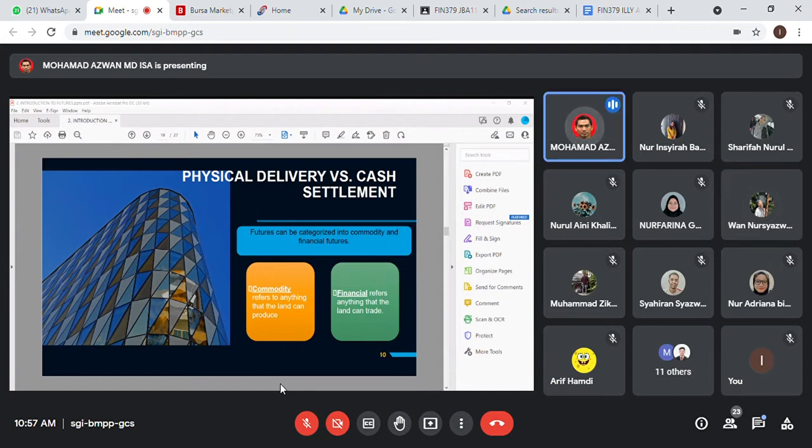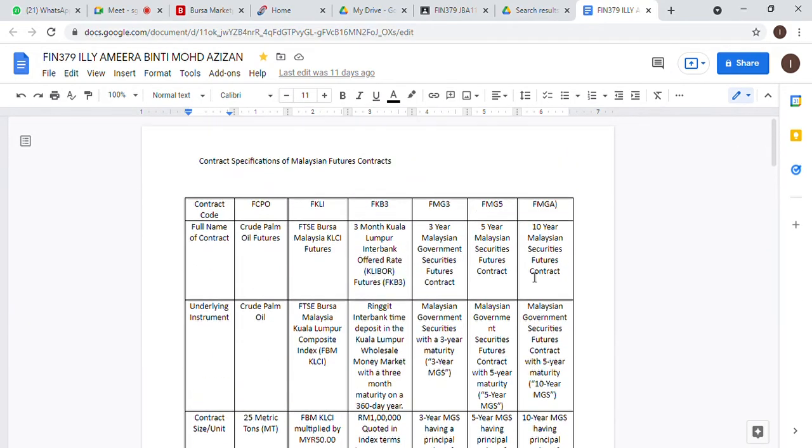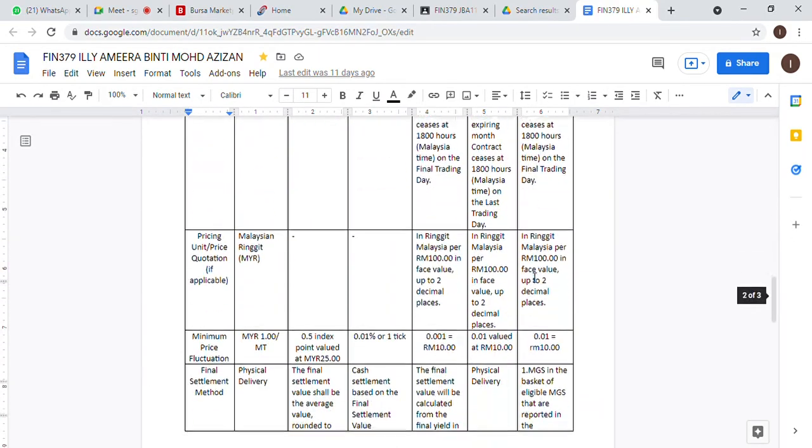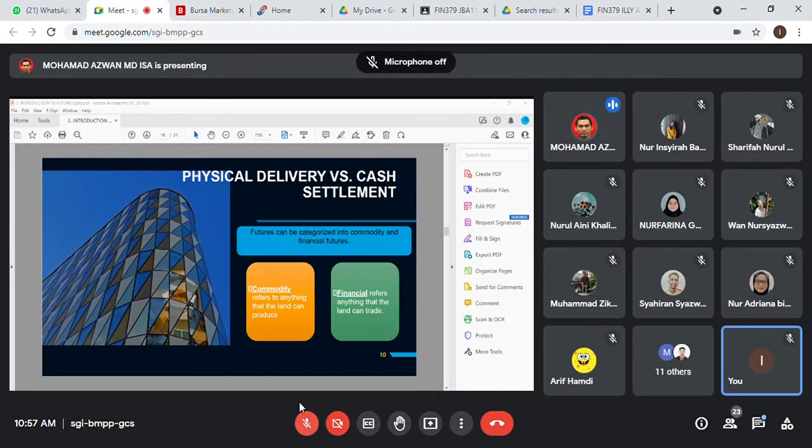Cuba tengok sekarang. Dekat FMG5. Cash settlement ke physical delivery? FMG5. Kan? Dia punya settlement method dia.